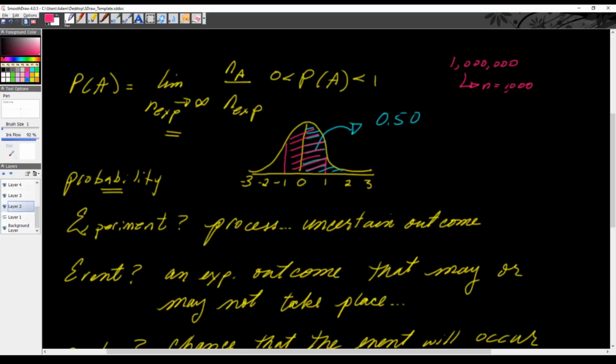So a random sample of n elements, in this case 1,000 students, can be obtained if each student or each element has the same probability or chance of being selected in the sample.